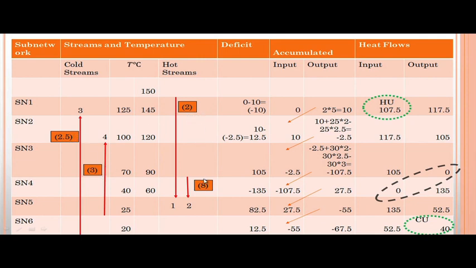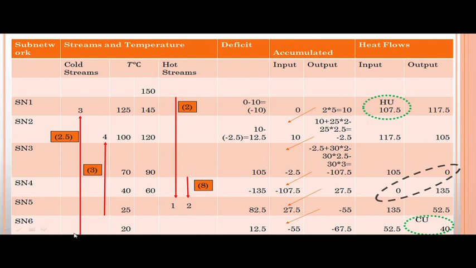There are 2 hot streams, this is 1 and 2, and the heat capacity rates are given. Then there is a column for temperature, and here you see the temperatures which are specified in the problem for the cold stream.